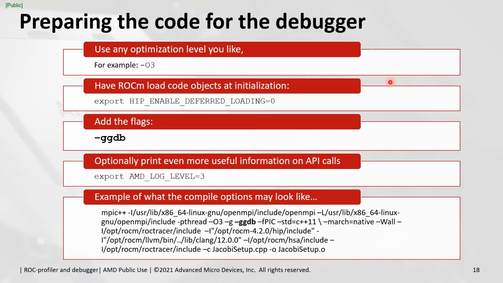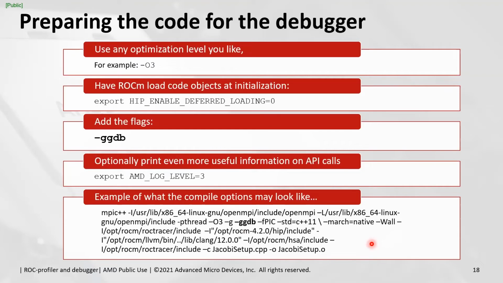You need to have ROCm load all the code objects at initialization, which you can do by exporting the variable HIP_ENABLE_DEFERRED_LOADING. And one key thing is that you need to add the -ggdb flag during compile time. So if I'm compiling some code, I need to add this -ggdb to my compile flags.